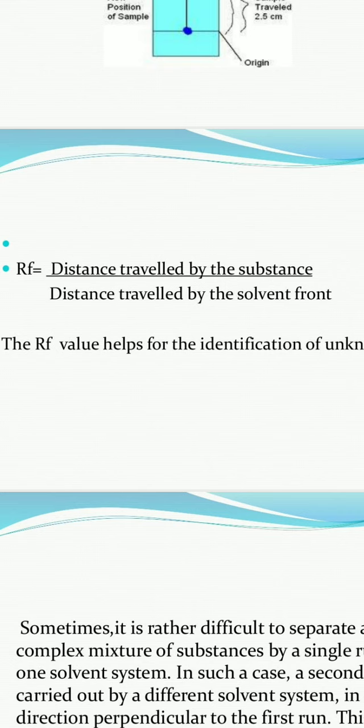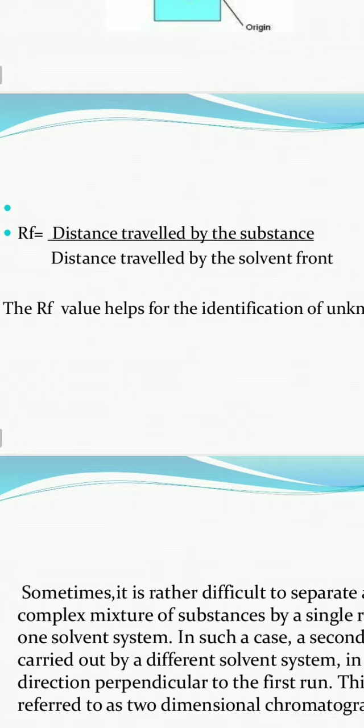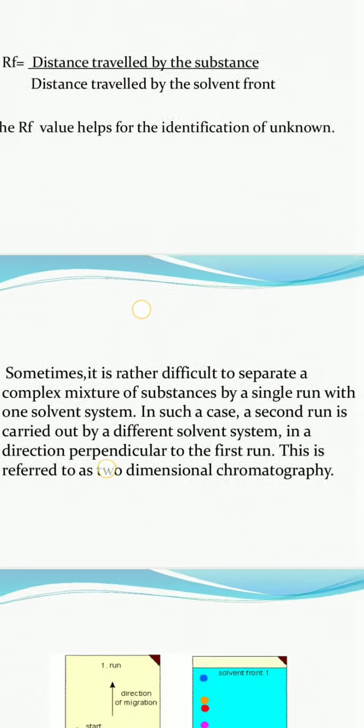The solvent, either the aqueous solution or the organic solvent, travels, so it is the ratio between the distance traveled by the substance and the distance traveled by the solvent front. This RF value helps in the identification of the unknown sample. So this is all about paper chromatography.